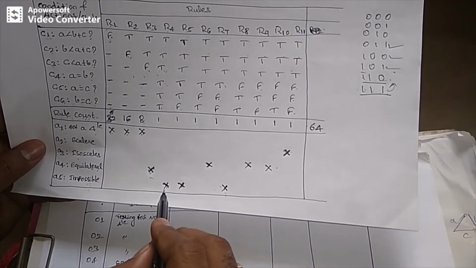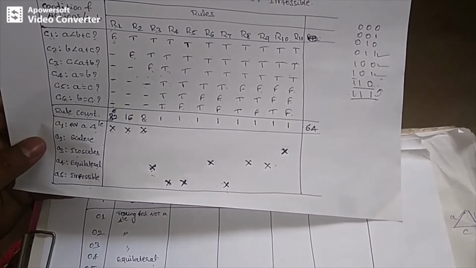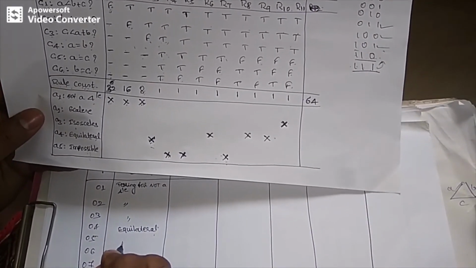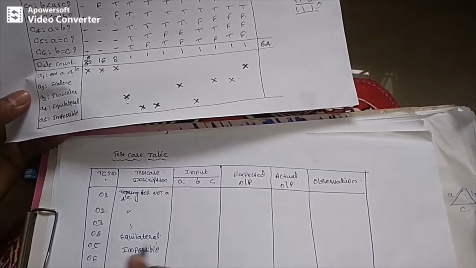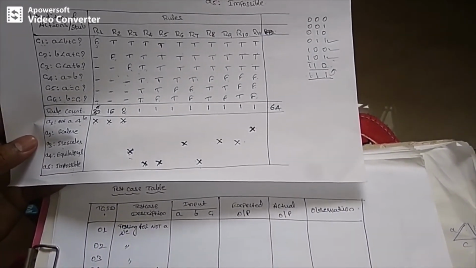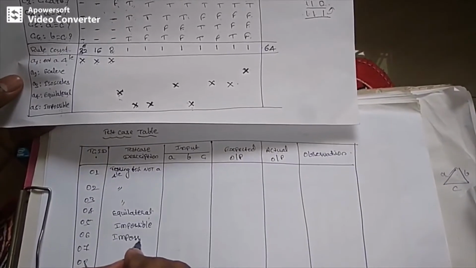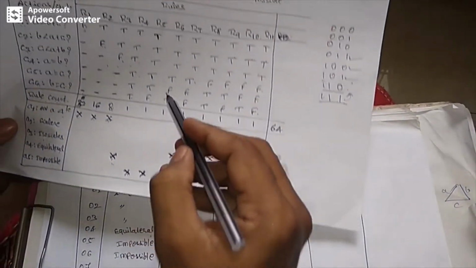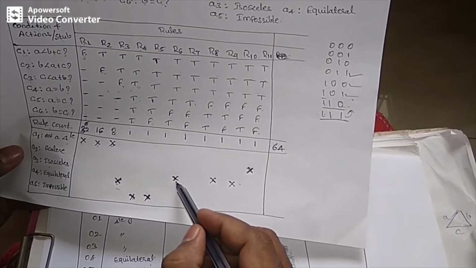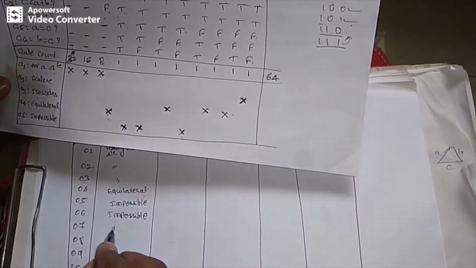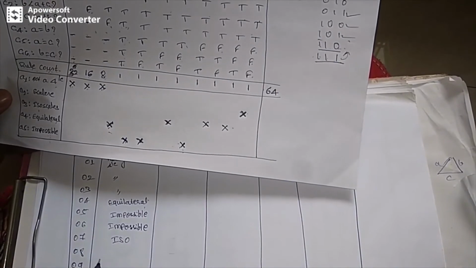Next R5. What is the R5 test case? Impossible. Impossible means testing for impossible. You have to write in this manner only. Testing for impossible. Next 6 is also testing for impossible. The next column generates the output result for the 7th test case, which is isosceles, so you write testing for isosceles.